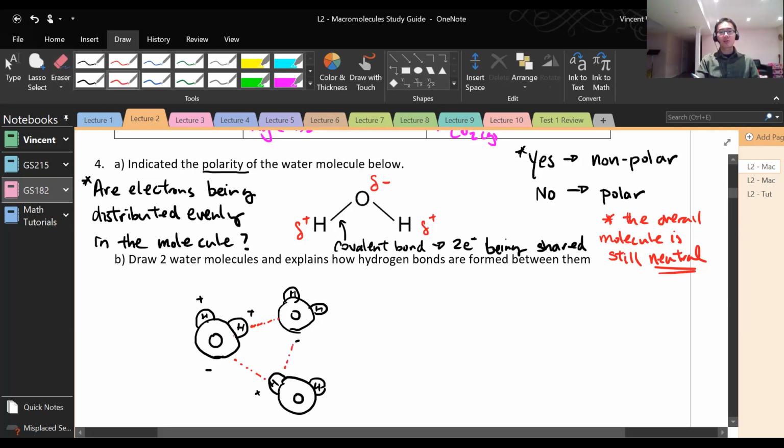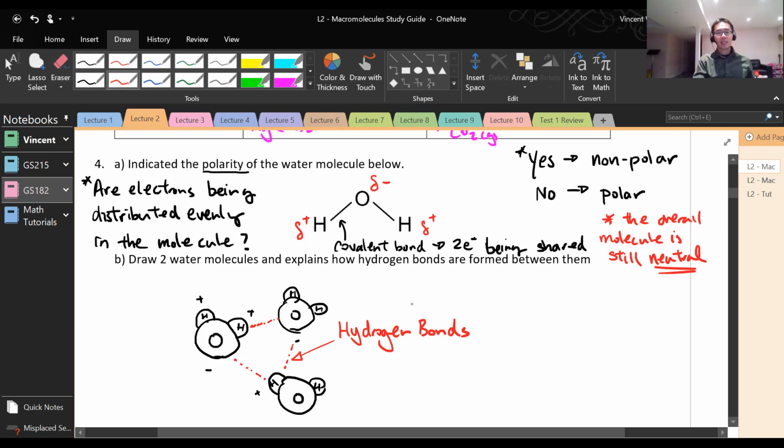So all these interactions between different water molecules, we call them hydrogen bonds. Okay, hydrogen bond. So there are other molecules that can form hydrogen bonds. I don't want to go into too much of the chemistry, but this would be one example of a hydrogen bond.